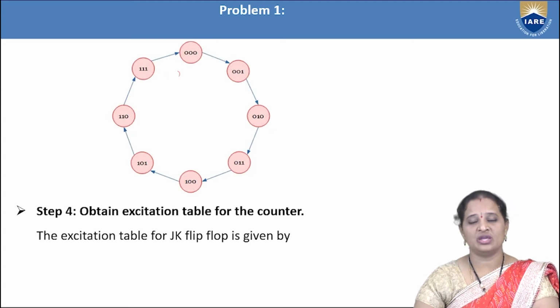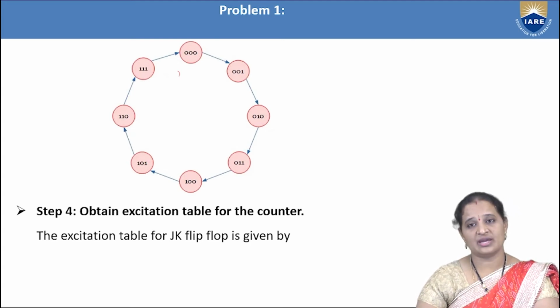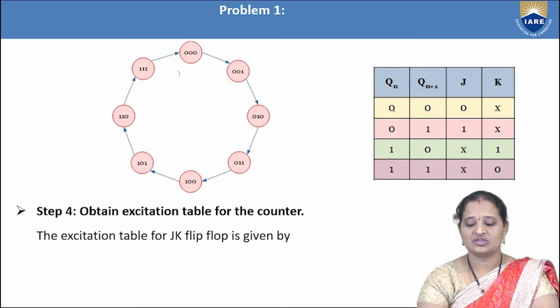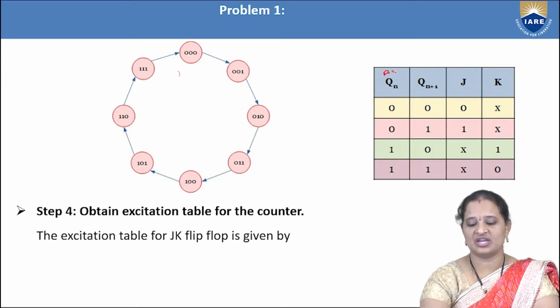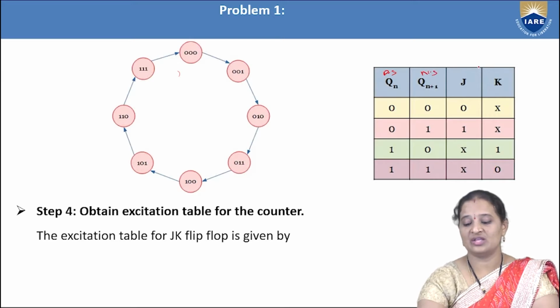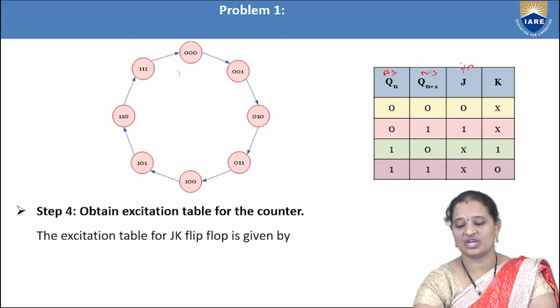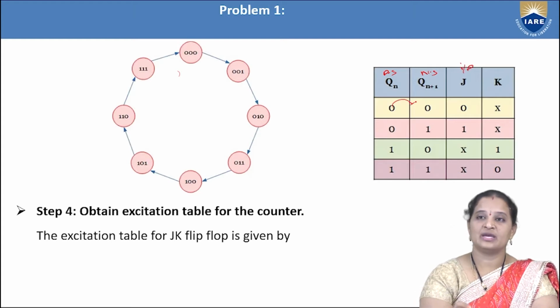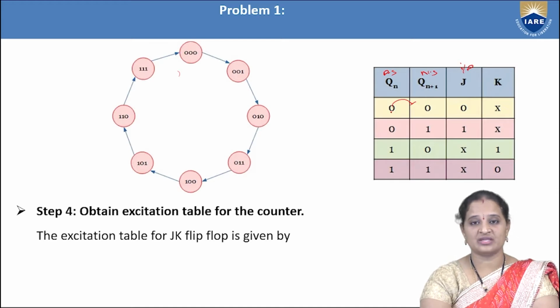Now, coming to step 4, recall the excitation table of the JK flip-flop. This is the JK flip-flop excitation table. This is the present state, this is the next state, and these are the inputs applied to the JK flip-flop in order to have a transition from present state to next state. To have a transition from present state 0 to next state 0, the inputs are J 0, K don't care.